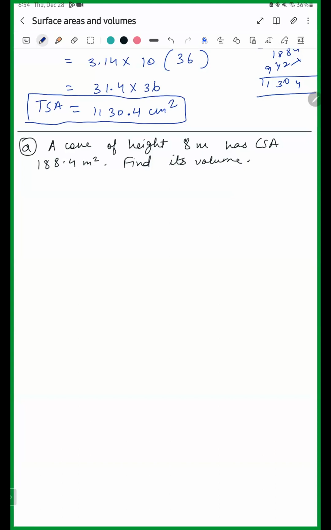So let's say you will write your answer like this. Let radius is equal to r meters, and height is already given. Slant height equals L meters, and height is already given as 8 meters.